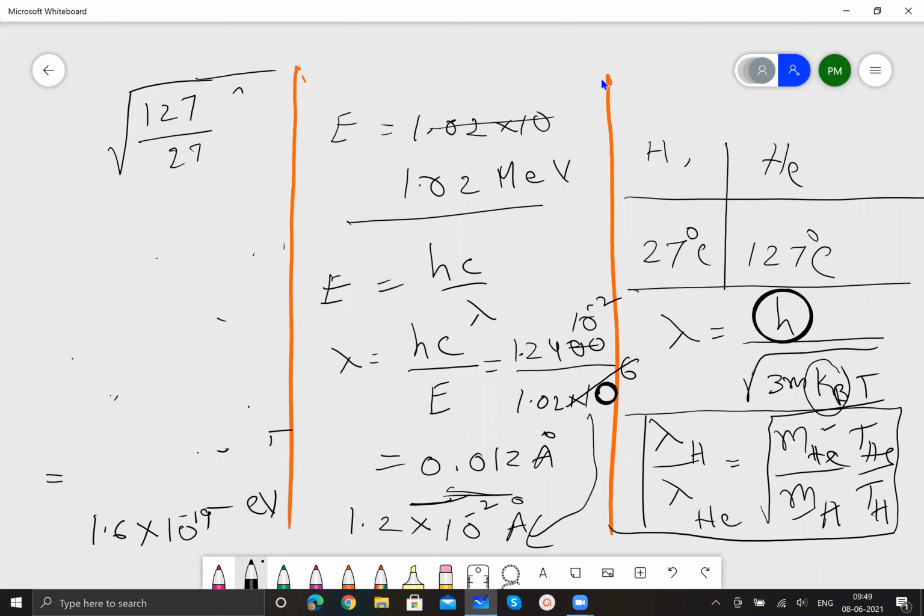Mass of helium is 4 mh, mass of hydrogen is mh. Have you put this answer? Correct only? Swarna? Three something will come, sir.